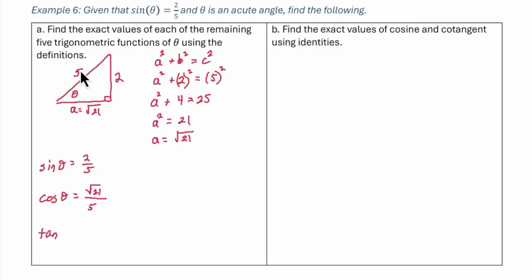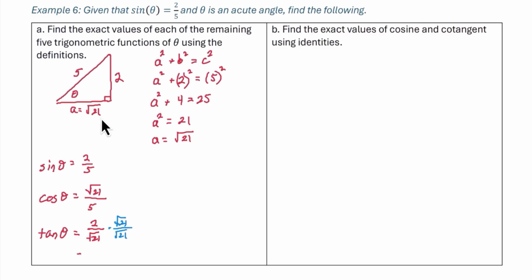Then tangent theta. Tangent is opposite over adjacent, so that is 2 divided by the square root of 21. And typically we want to rationalize the denominator. So let's multiply by the square root of 21 divided by the square root of 21.